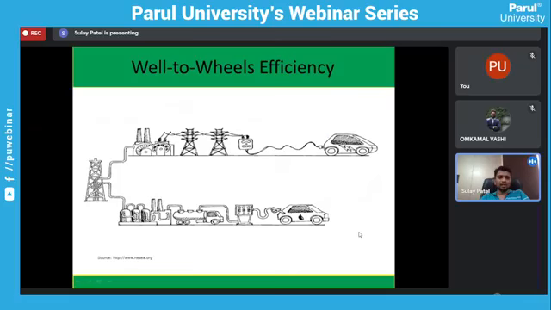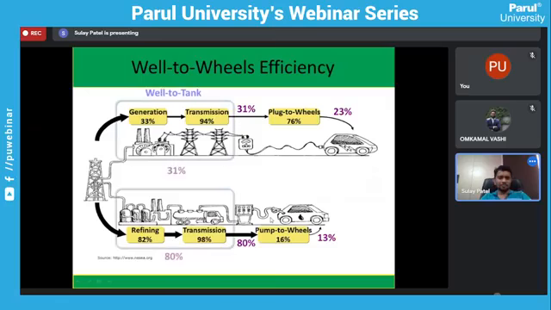Now let us see the well to wheel efficiency. It means from the well, or from crude oil. If we consider that the electricity being produced right now is only from conventional power sources like coal and CNG and so on.